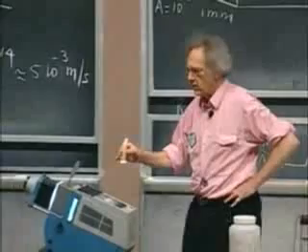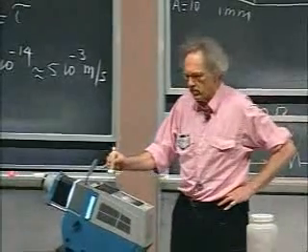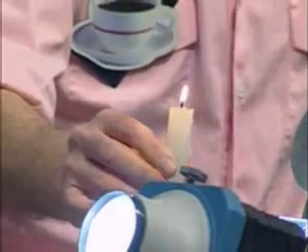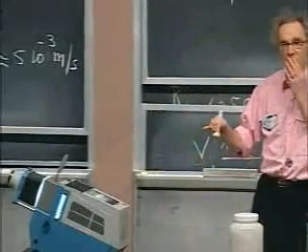And here's my candle. And I will bring the candle maybe 20 centimeters from the electroscope. Look at it. It's already going. It's about 15 centimeters away. I'll take my candle away, and it stops again.